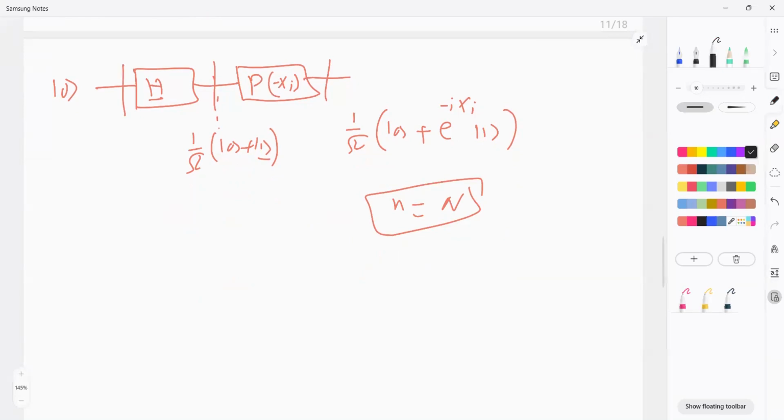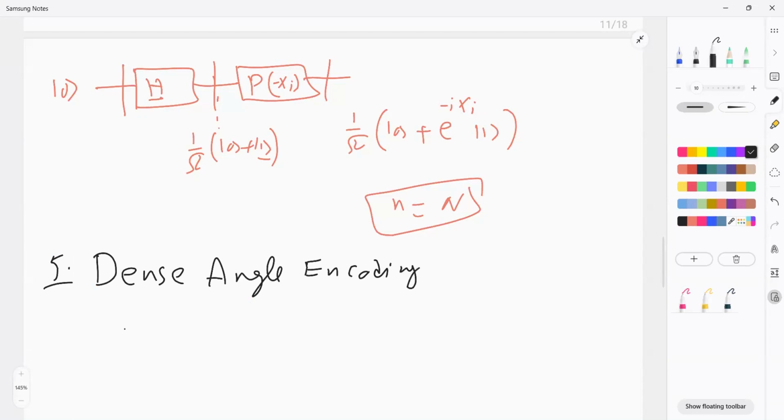All right. So one can ask why do we have to encode either in angle or the phase? Why don't we use both of them? And actually we can; we call it dense angle encoding, and we only need half of the qubits.